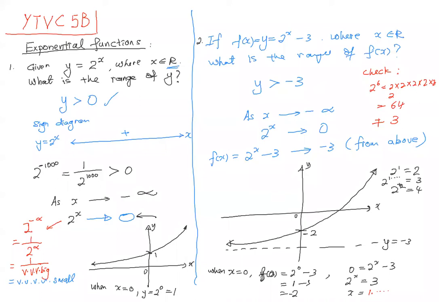So if I don't know, I can try. I put 1.5. Then I put into the calculator 2 to the power of 1.5. What did I get? I get 2.8. So I can try.